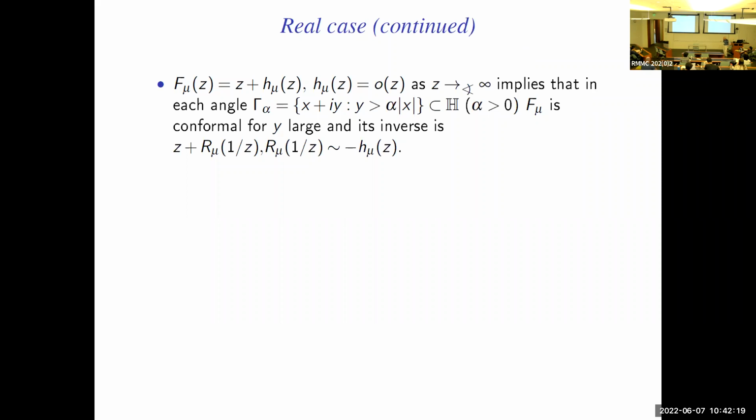And this implies that if you restrict the function F_mu to the angle gamma alpha, which is an angle at zero, but it's also an angle at infinity, if you want, conformally speaking, then the function F_mu is going to be actually invertible, conformally invertible, in such a gamma alpha, provided that you restrict yourself to large values of imaginary part.